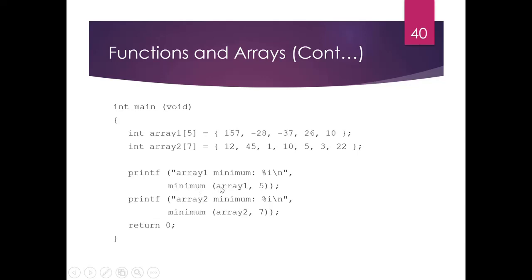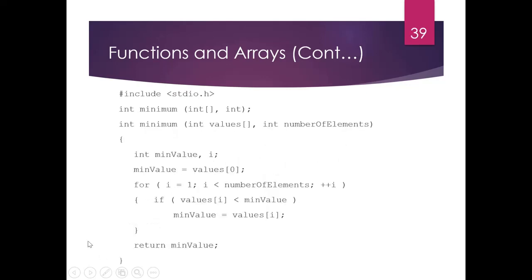Here minimum is a function. It passes array 1 and the size of the array. Again, array 2 minimum is minimum. It passes into the minimum function this array 2 and the size of the array, which is 7. Here it takes the array and the number of elements. Based on the number of elements, it goes one by one and selects the minimum value in the array.